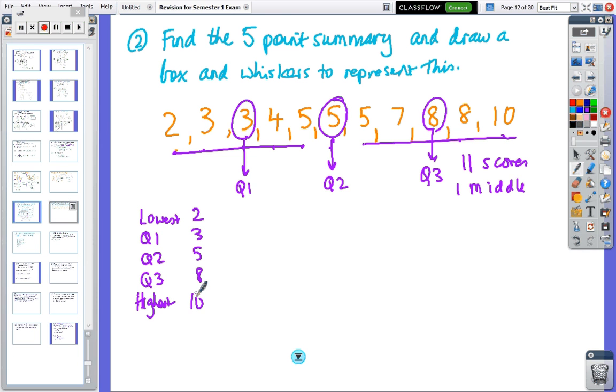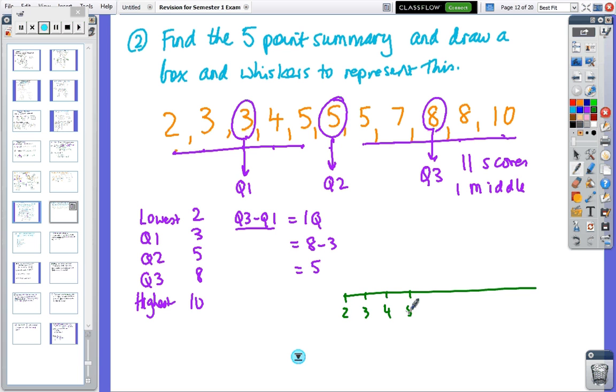And just in case you're interested, Q3 minus Q1 equals the interquartile range. So that would be 8 minus 3, so the interquartile range is 5. But we'll just do a quick diagram. Okay, 2, 3, 4, 5, 6, 7, 8, 9, 10.